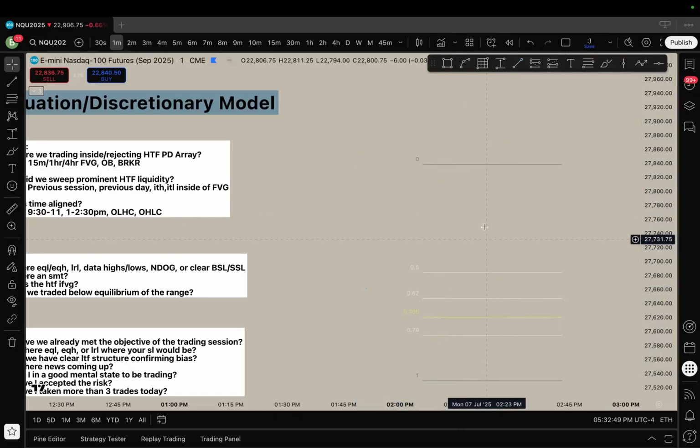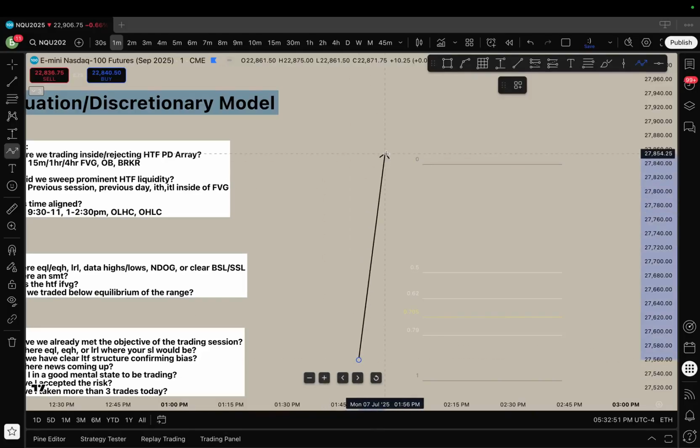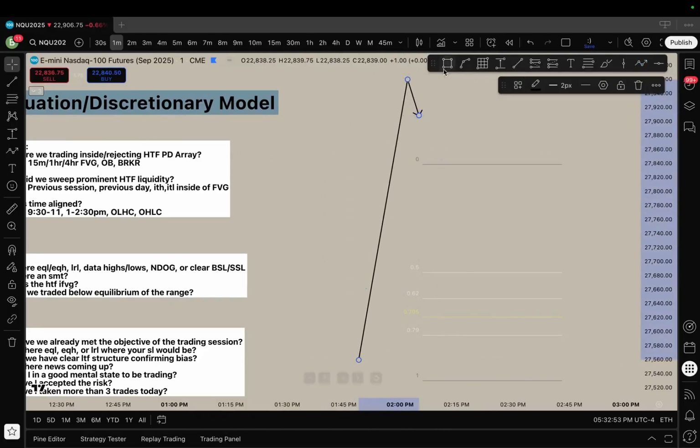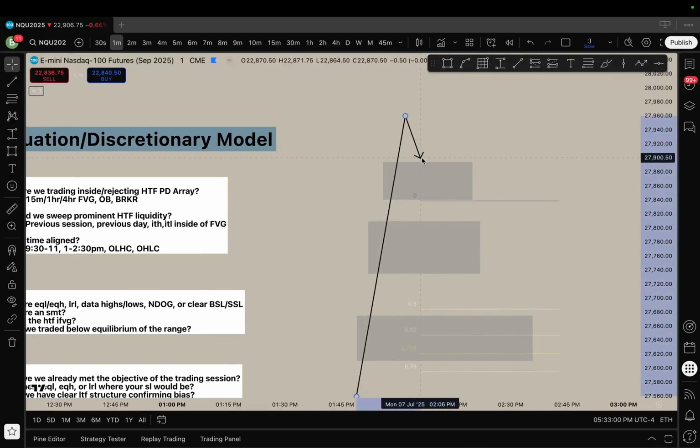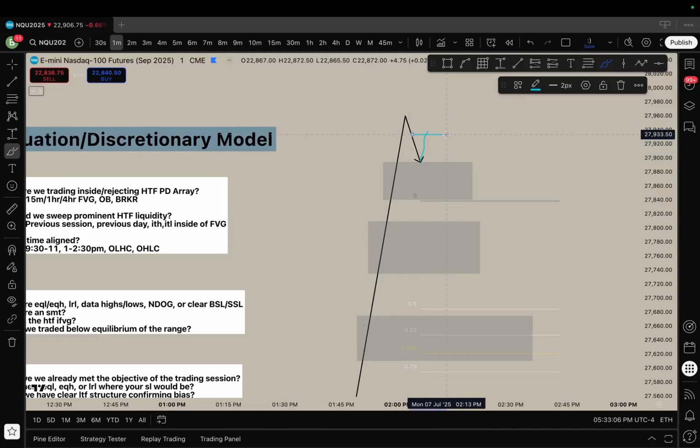But let's say we have a really strong impulse leg, and then multiple for rally gaps here, right? We have 5 minute here, 5 minute here, 5 minute here. Very rarely will I take the first inversion off of this premium 5 minute. I really never do that because of how premium it is.